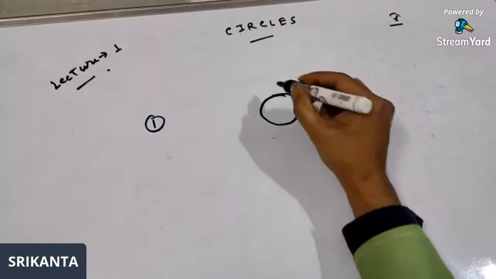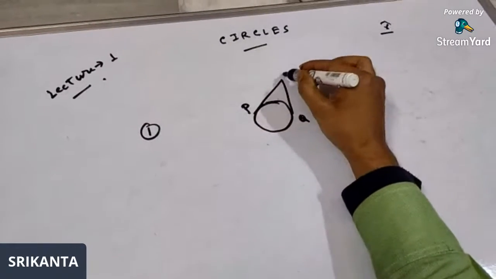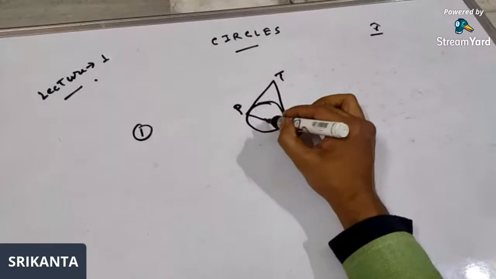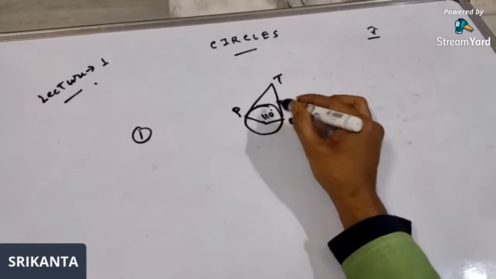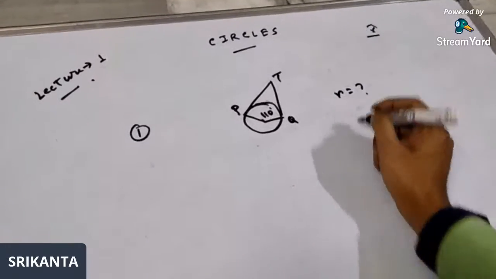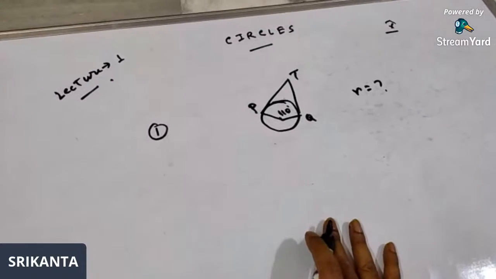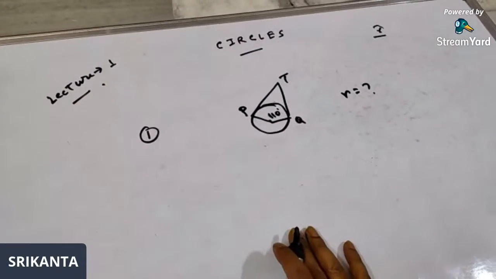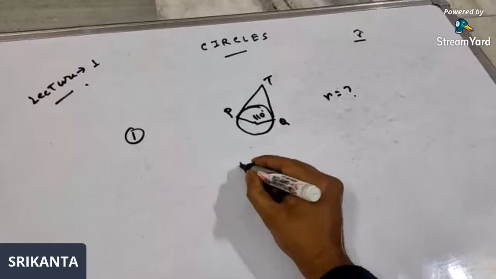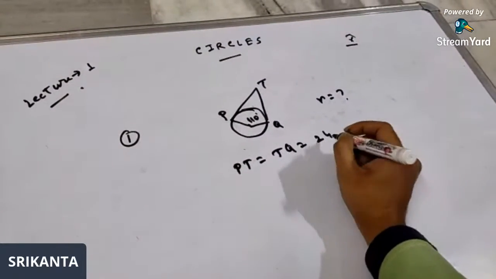This is the point Q. This is the point P. This is T. This is 110 degree. They are asking what is the radius of the circle. So it is given that PT is equal to TQ is equal to 24.